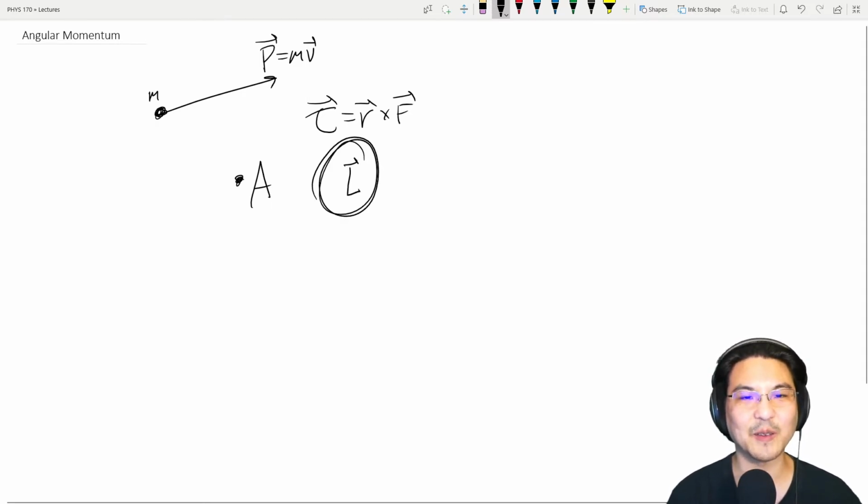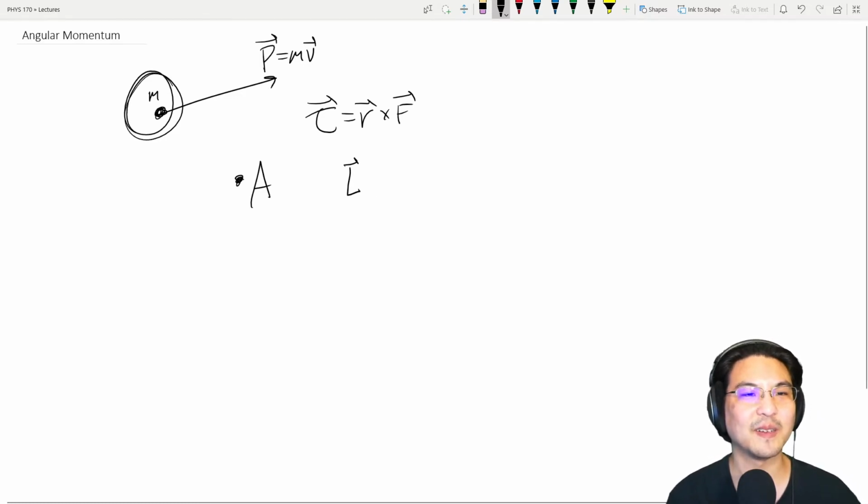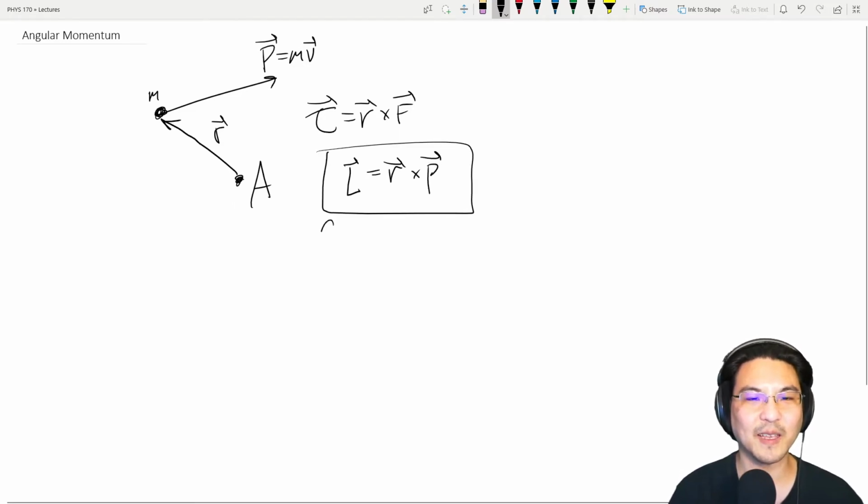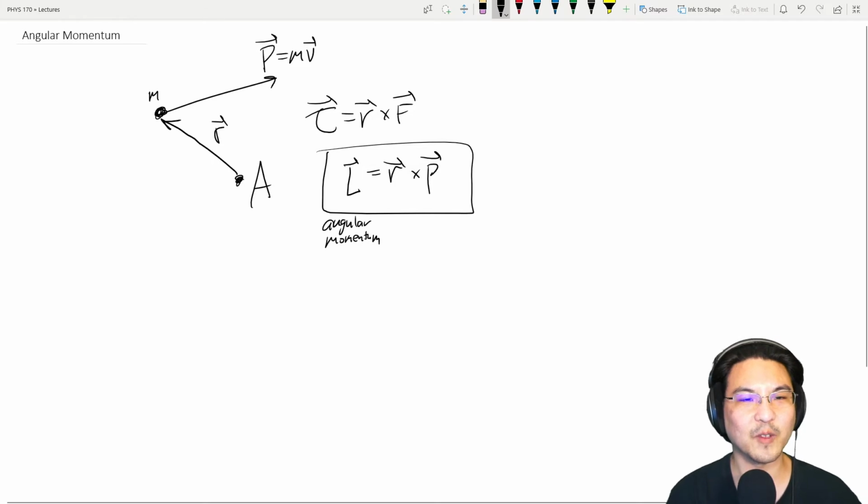L, so this is angular momentum of this object about point A. It would be just like this. R cross P, the momentum. So this is angular momentum, for this example, about point A.